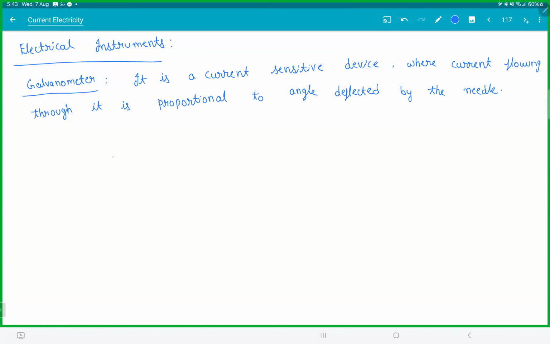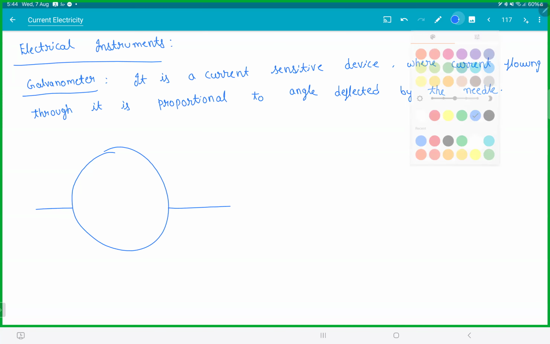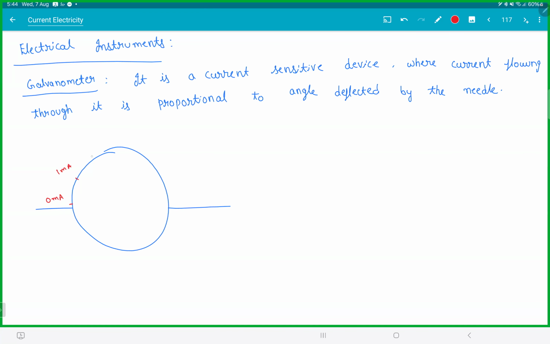So if you see a galvanometer, this thing has readings like 0 milliampere, 1 milliampere, 2 milliampere, 3 milliampere, again 2 milliampere. You can construct any type.